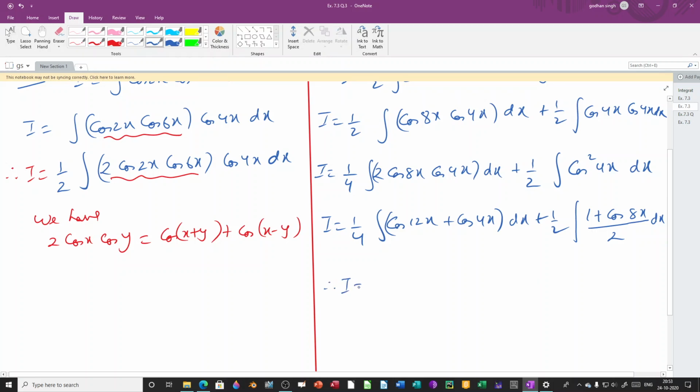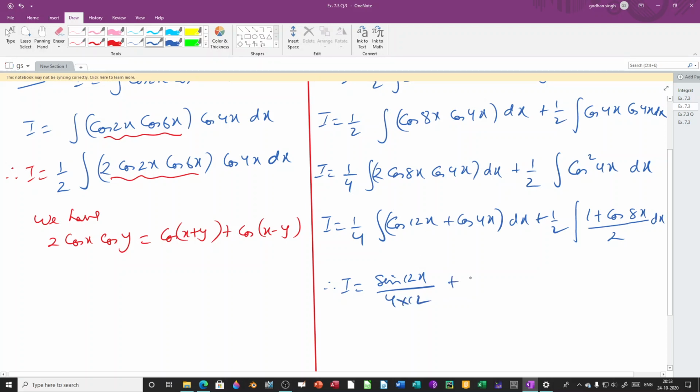Simplifying this further, therefore I equal to, now integration of cos is sine. So we will be getting sine 12x over 4. Now the coefficient of x is not 1, so we will differentiate 12x with x, so we will be getting 12.